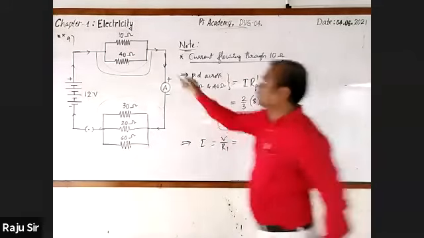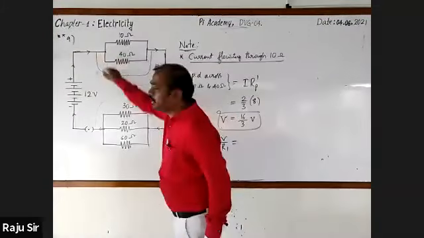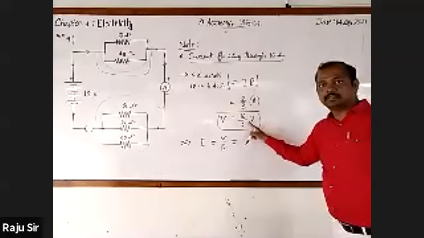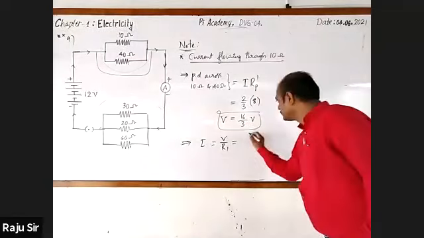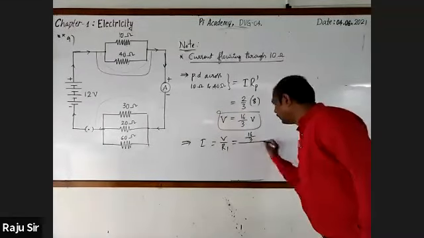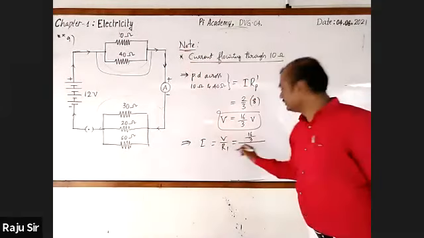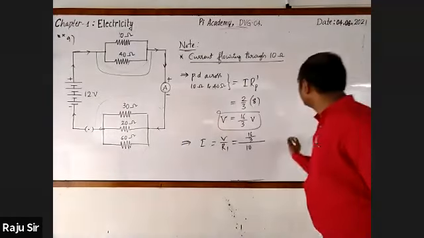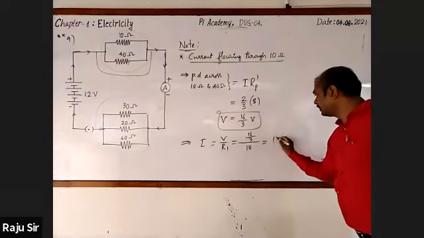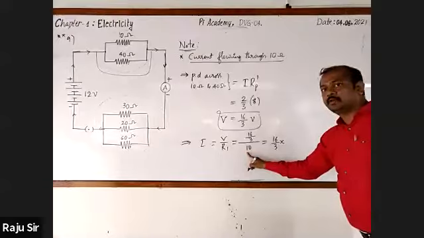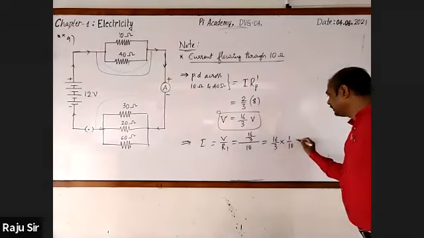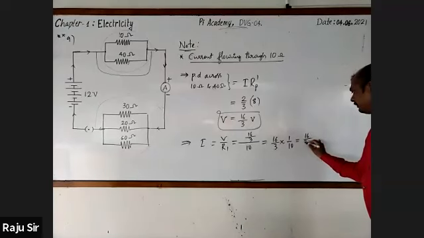What is the voltage across 10 and 40 ohm? 16 by 3 volts. So 16 by 3 whole divided by R1, R1 is 10. This is equal to 16 by 3 into the reciprocal of 10, which is 1 by 10. It is equal to 16 by 30.